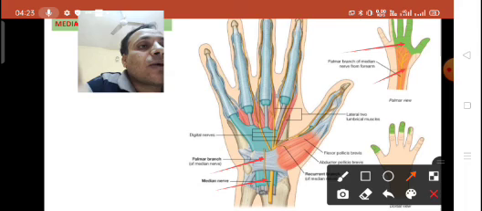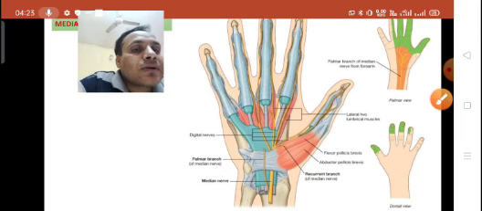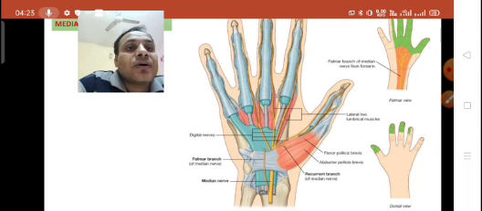These are the branches of the median nerve in the palm. Thank you. In the next slide, I will discuss the applied anatomy of the median nerve.